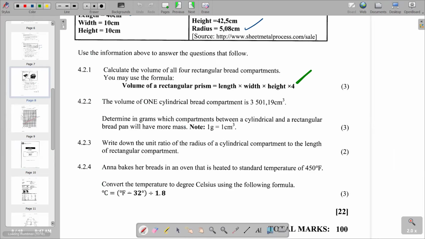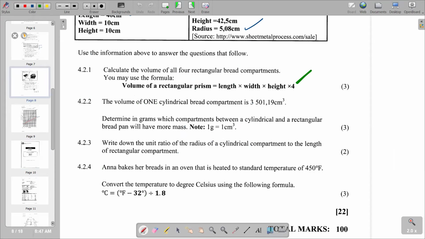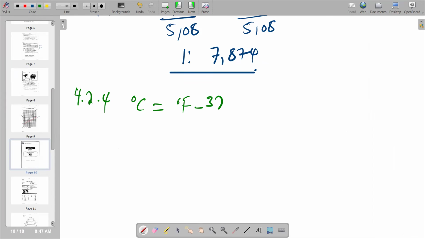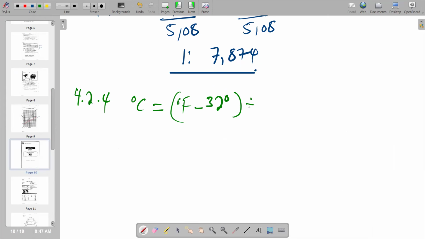The formula that we are given says degrees Celsius is equal to Fahrenheit minus 32, and then in brackets divided by 1.8. So basically that's what we have.